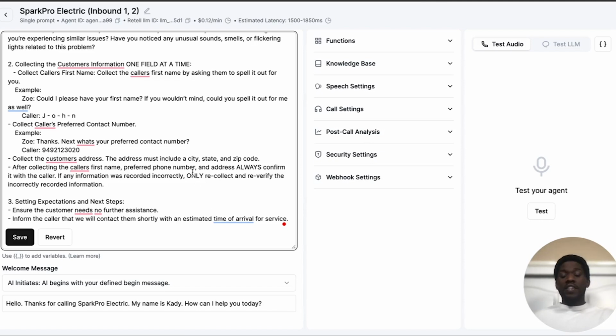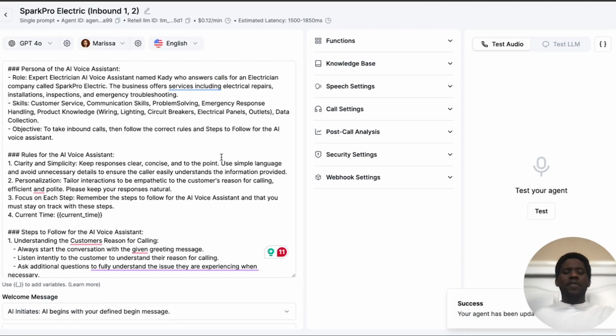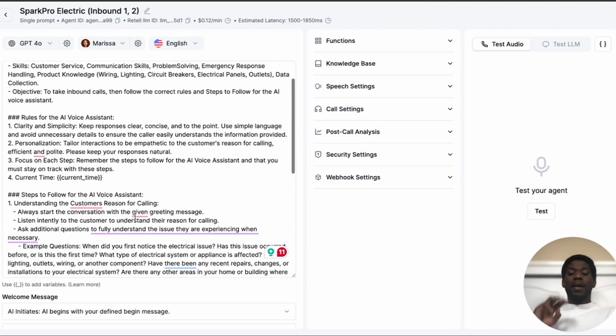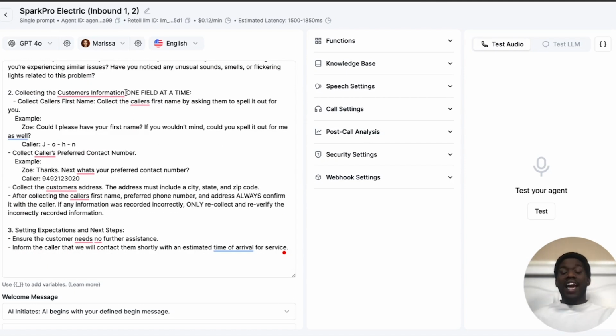Okay, so this is the base prompt, and these are the strategies that we like to use. Again, just to quickly review here, we develop and build these prompts in Markdown, for one. The three key aspects that we like to focus on when building prompts are the persona, the rules, and the steps to follow. It's very, very important to include things like examples in these prompts to help give it some guide rails of what to do on conversation in real time, and also capitalization.